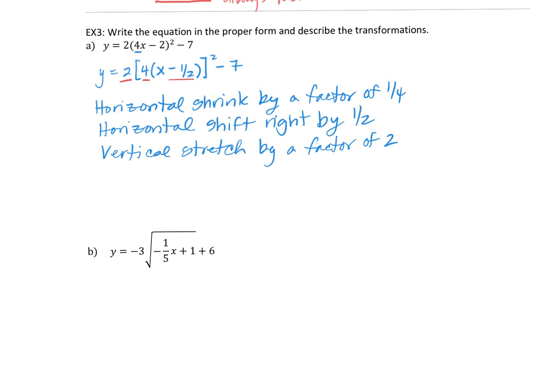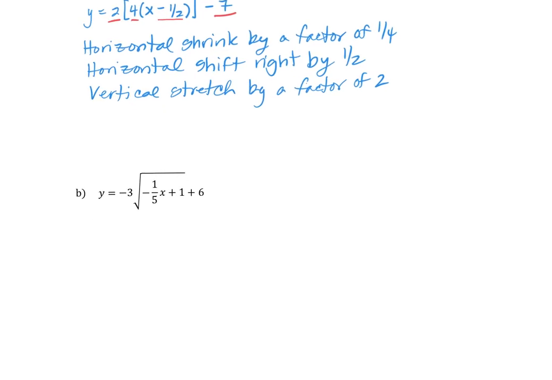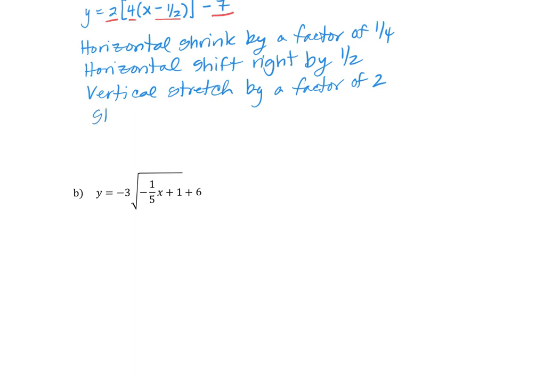The last thing we always do, whether you're following my way or the book's way, is any up down. So that -7 is going to be a shift down. I could say a vertical shift down, but I'm going to be lazy and just say shift down. So we shift down 7 units, or shift down 7 is fine.